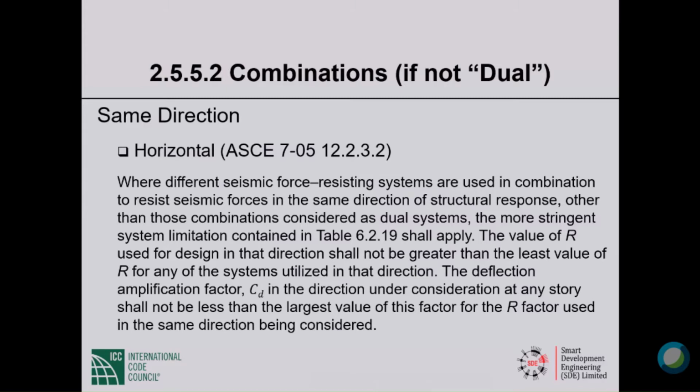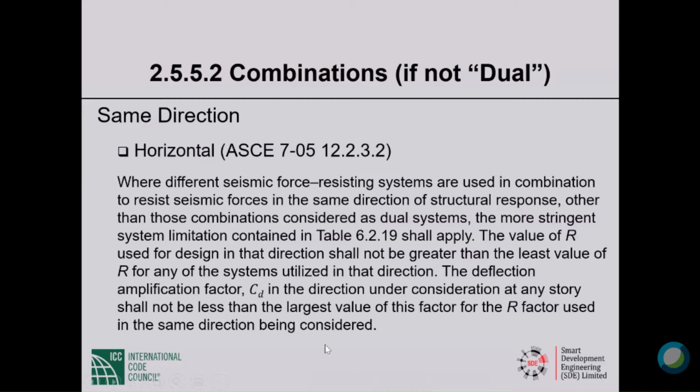You have special moment frames and special shear walls strung together. You will have to design for an R of 5, not an R of 8. Okay, so the least value of R for any of the systems utilized in that direction.